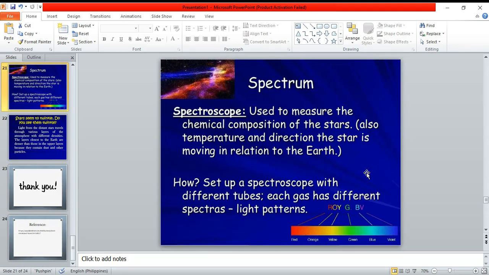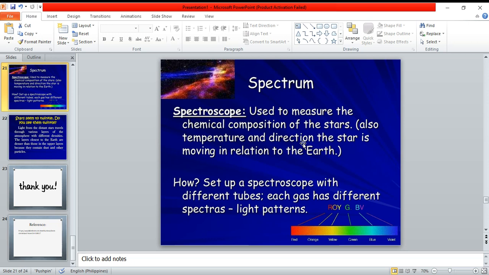A spectroscope is a device that measures the spectrum of light. It is used to examine the spectral lines to know what compounds are being absorbed. It is also used to measure the chemical composition of stars, their temperature, and their direction in relation to the movement of the Earth.